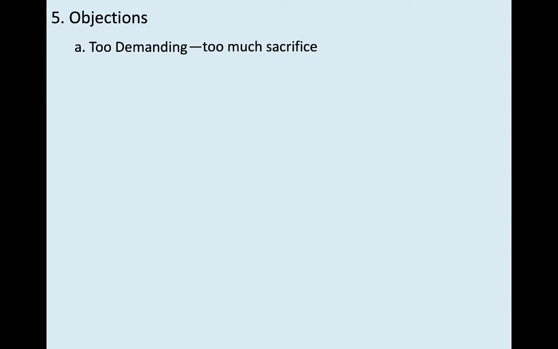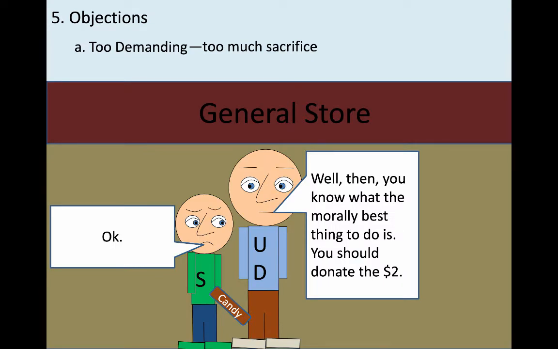And the idea here is that this example isn't unique. Almost everything you do in your life, not just money you spend, but every action you perform, is not the action that maximizes overall happiness.